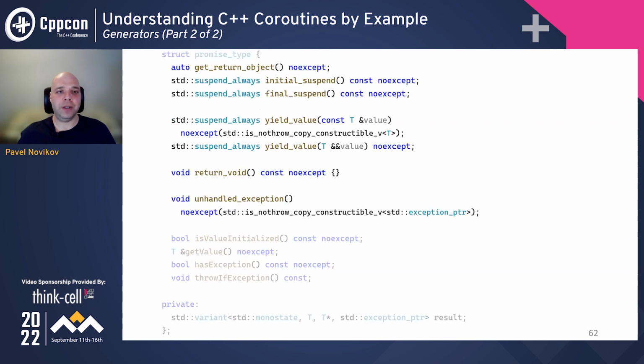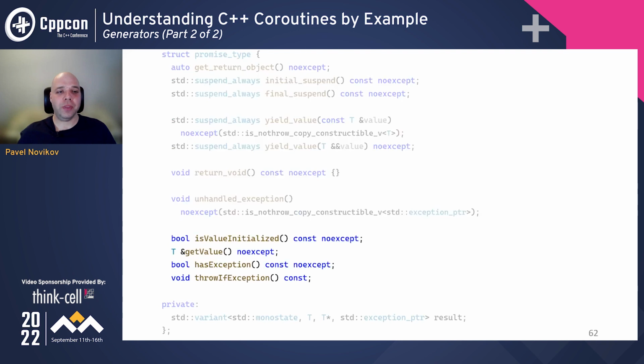So let's start with the promise type. This part is exactly the same as before. It is not changed. Here I did some lighter refactoring, extracted some functions and defined the isValueInitialized function for our convenience that will be useful later. Otherwise, the behavior is not changed.